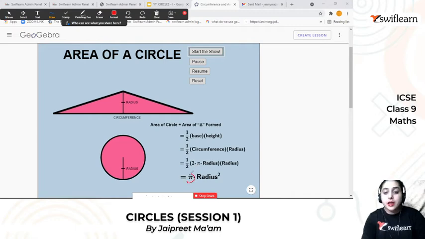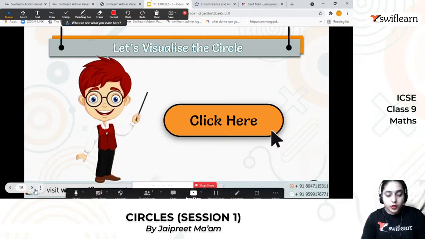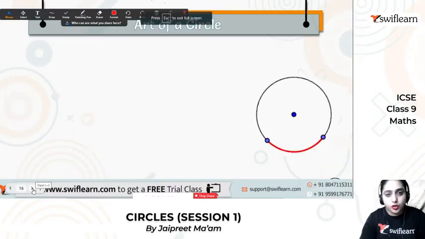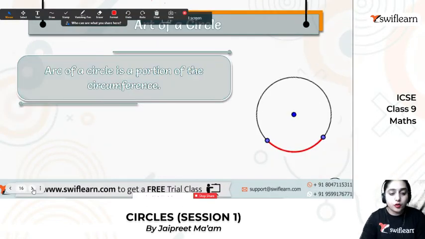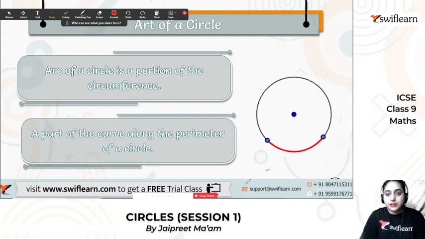Pi has a fixed value, that is 22/7, or we can use 3.14 also. It's your choice. You can use any value, or sometimes it's given in the question and you have to choose that particular value of pi. Okay, this is known as pi. I will show you, the pi looks like this.